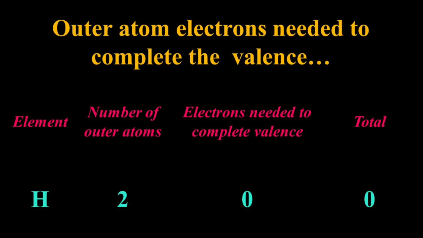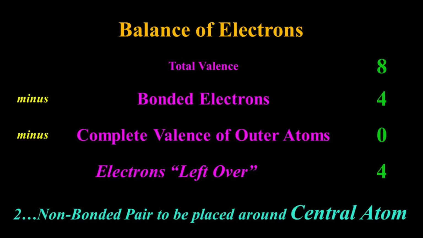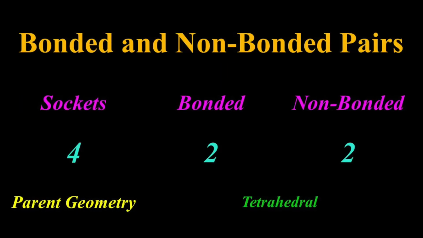And the hydrogen does not need any additional electrons other than the 2 in each bond. And therefore, I have 2 non-bonded pairs to be placed around the central atom. And so I have 2 bonded pairs, 2 non-bonded pairs.